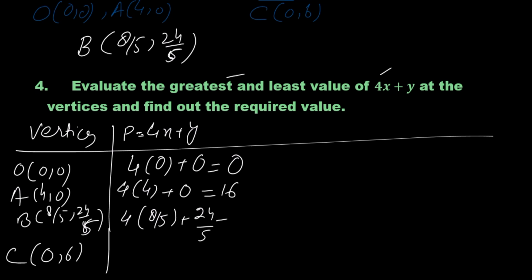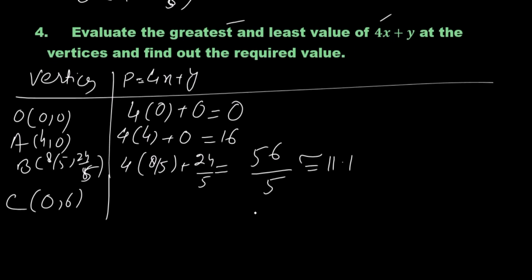This is equal to 32 plus 24, which is 56 by 5, approximately 11.1. It will be 11 point something. The last one is 4 into 0 plus 6, which is equal to 6.